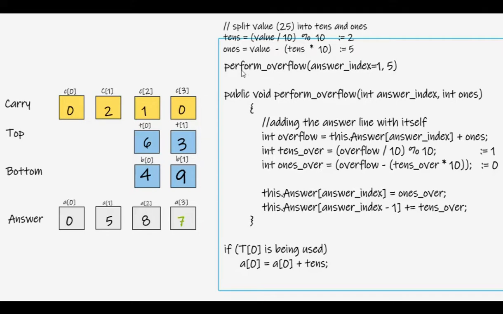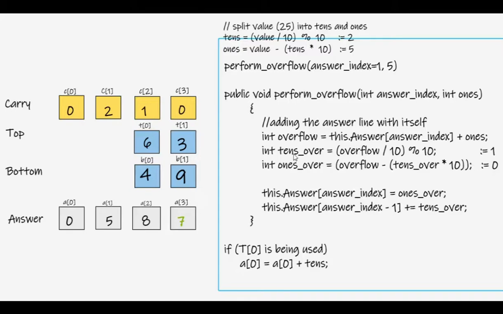So notice here, I'm going to perform overflow where answer index is 1 and the value I'm going to send in ones is 5. So it comes in and it says, okay, int overflow equals answer sub 1. So that's 5. So overflow is 5 plus 5. So that is 10, right?